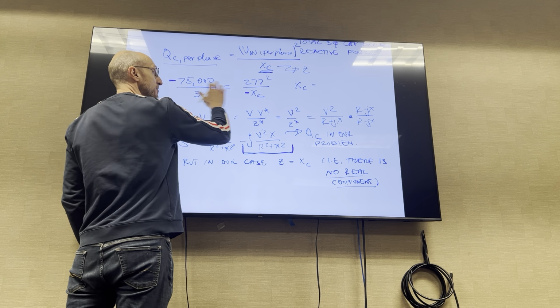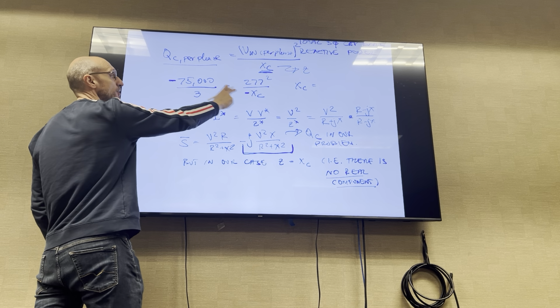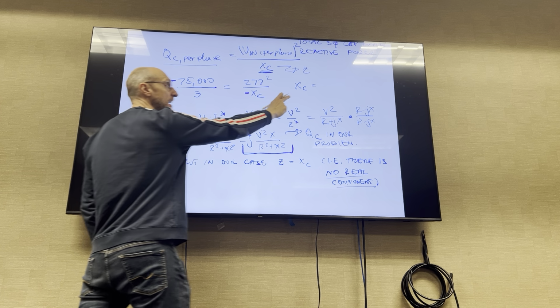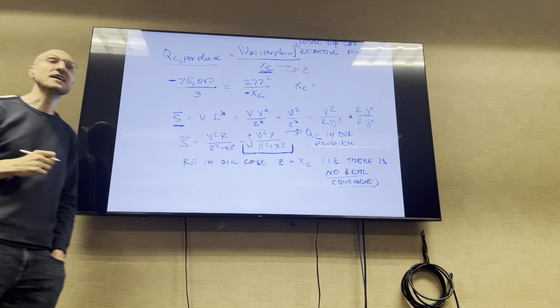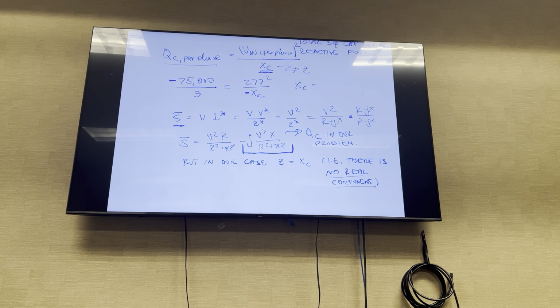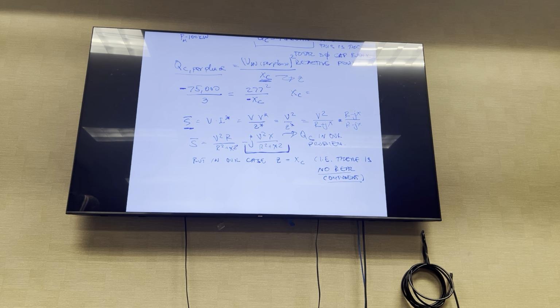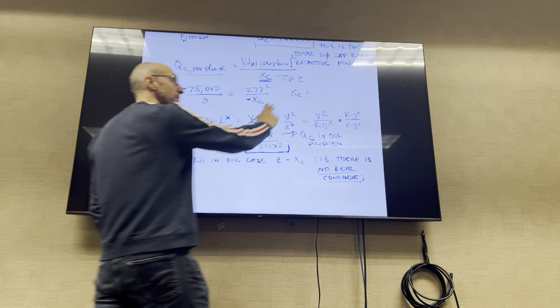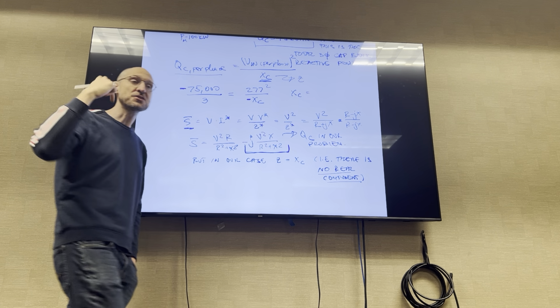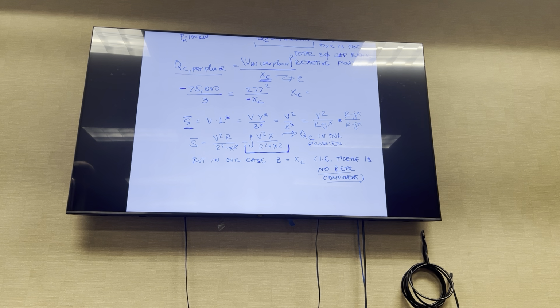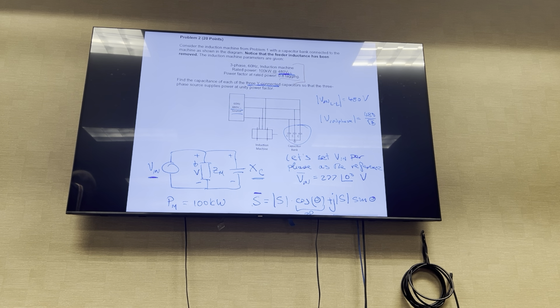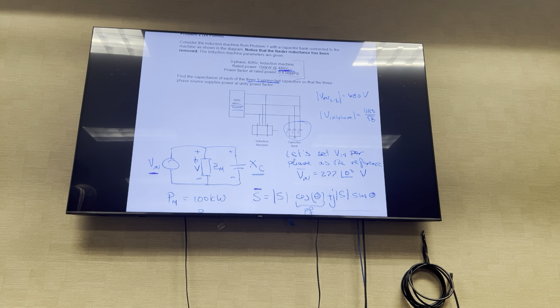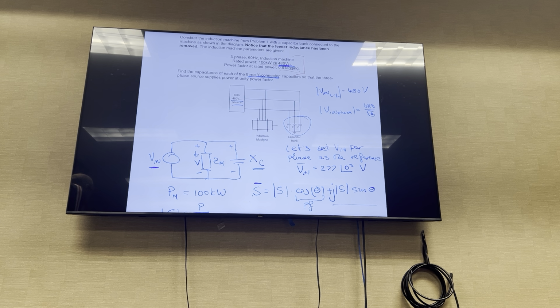But even if I made a mistake here, and somehow I forgot, let's say this minus here, I should always know that XC will be capacitive, because the problem statement says I'm looking for a capacitor, right? And my initial power factor was lagging, right?